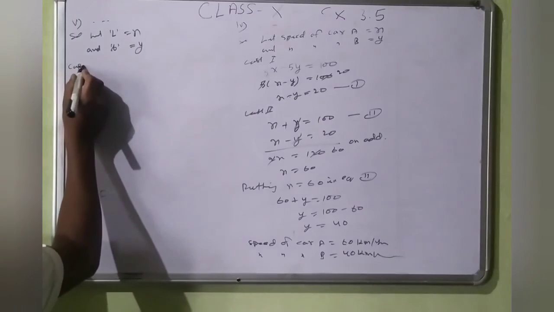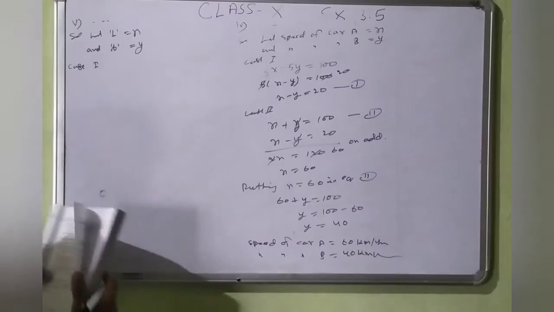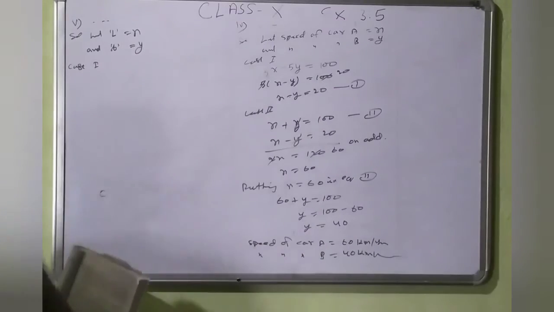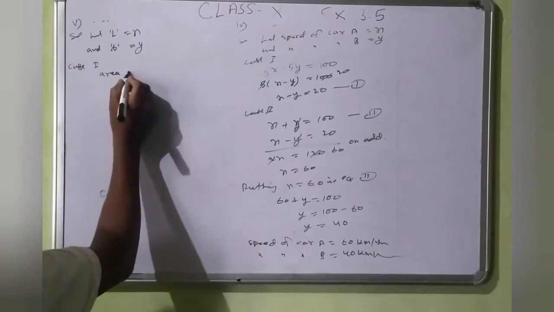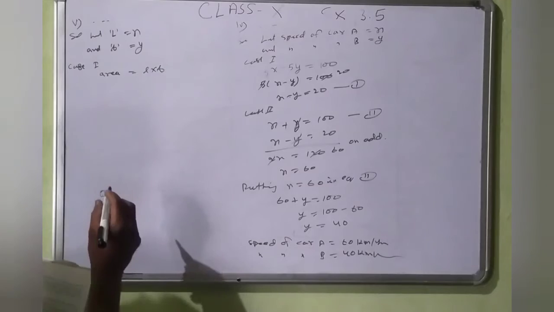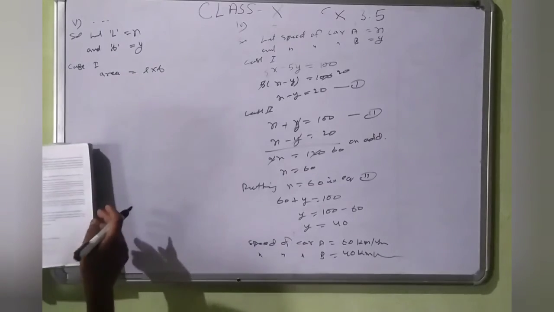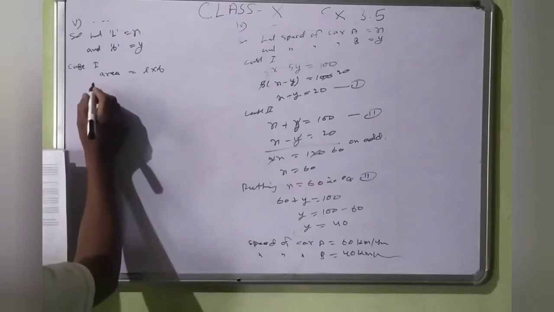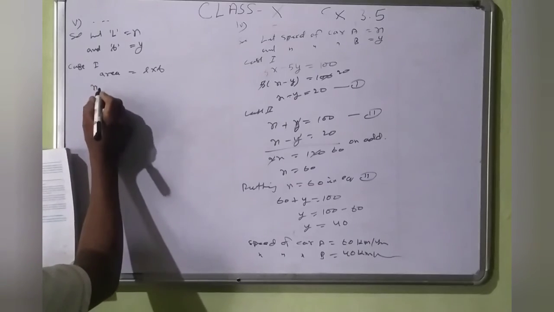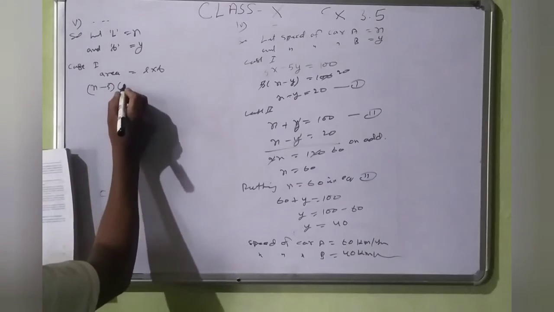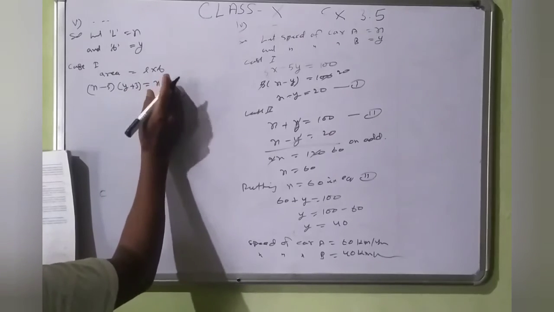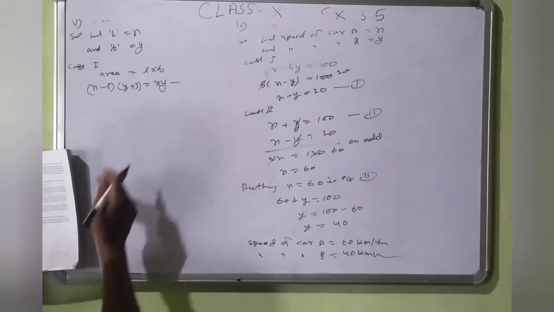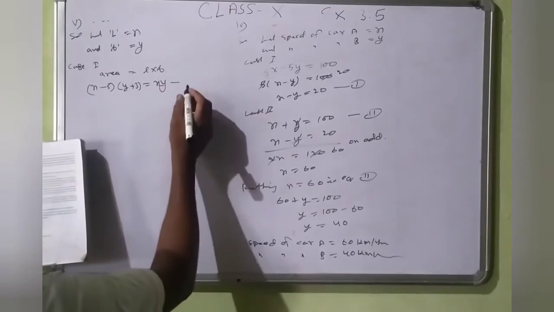So case first. We know that area is equal to length multiplied by breadth. The length is x reduced by 5, and y increased by 3, is equal to xy minus 9 units reduced.